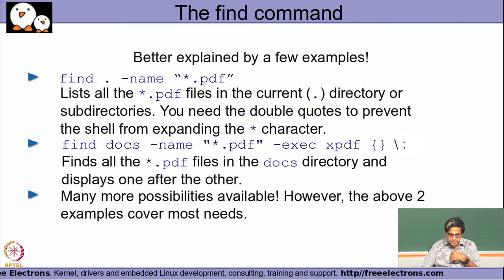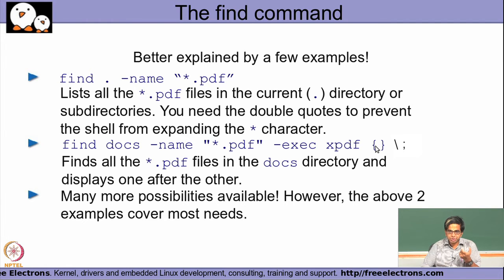So, whenever it finds a .pdf file recursively inside the docs directory, for each of those .pdf files, this minus exec option will open up an xpdf command and give the relative file path name for that found .pdf file, because we have given open braces and close braces here.